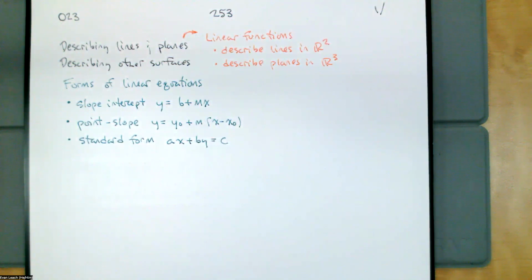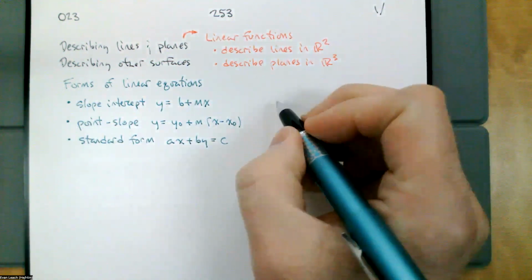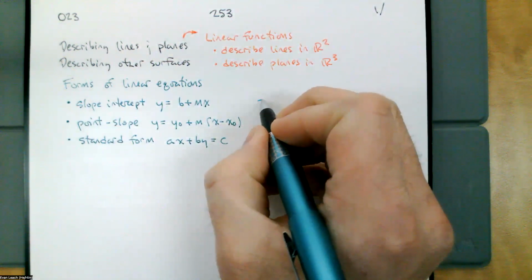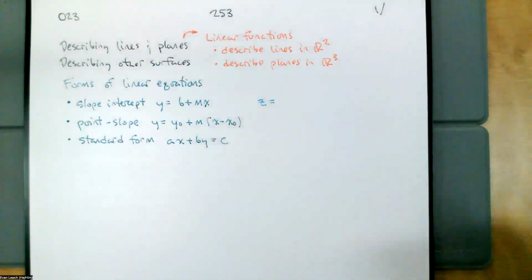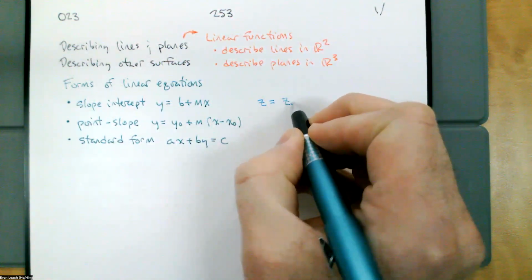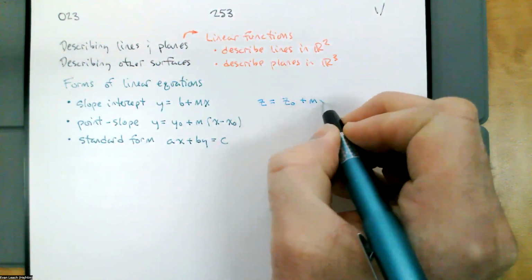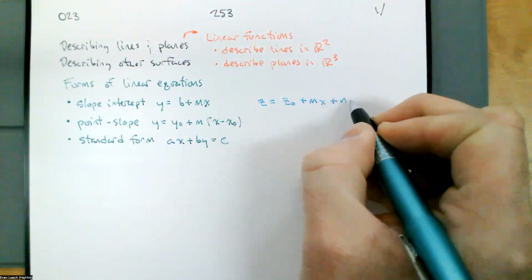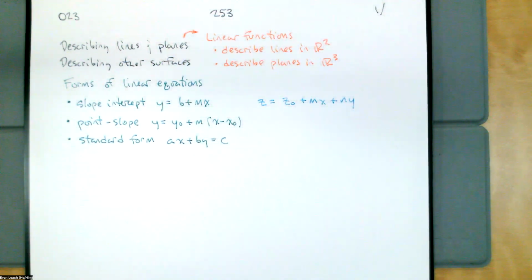So our slope-intercept, we could say z is equal to z naught plus mx plus ny. We just extend this with extra terms.